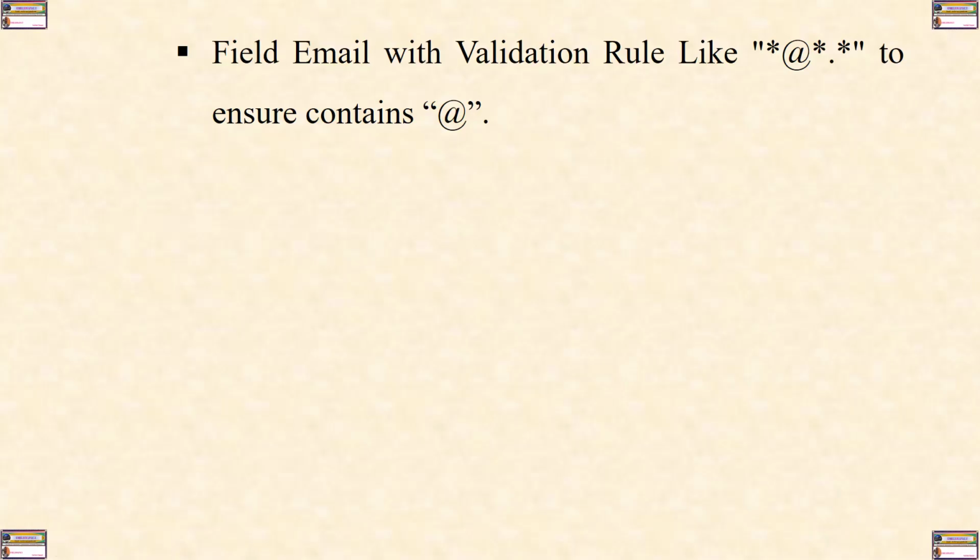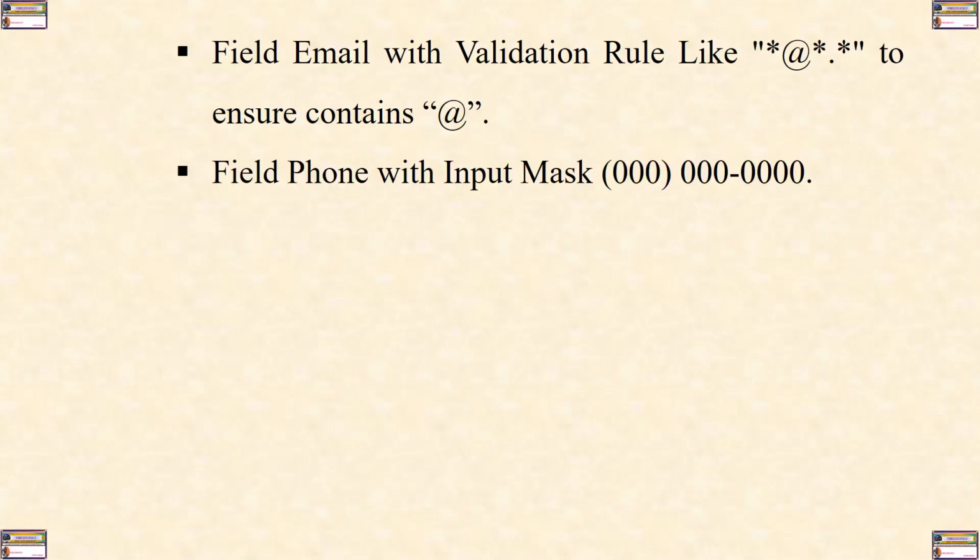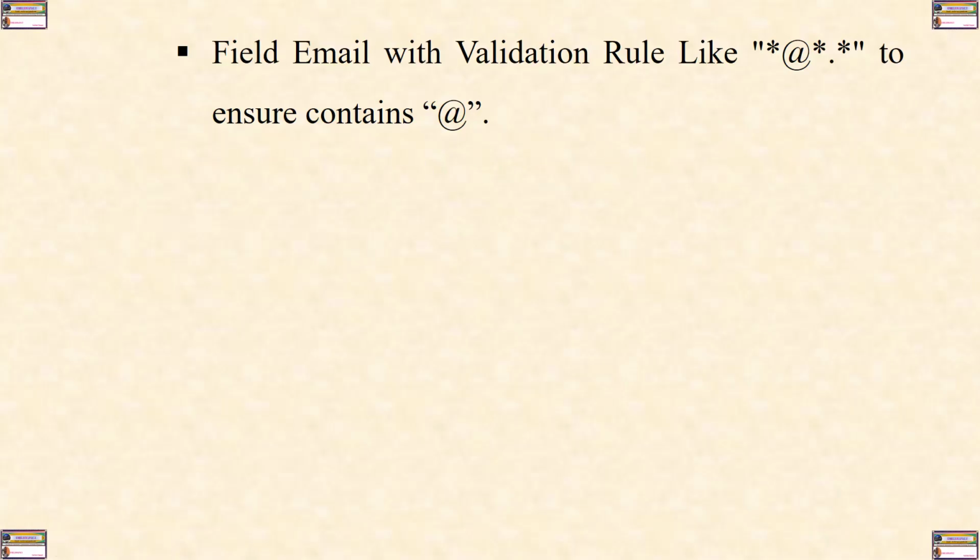For example, an email like Julimenga at gmail.com. So the asterisks here mean anything at anything.com. For example, Julimenga at gmail.com.